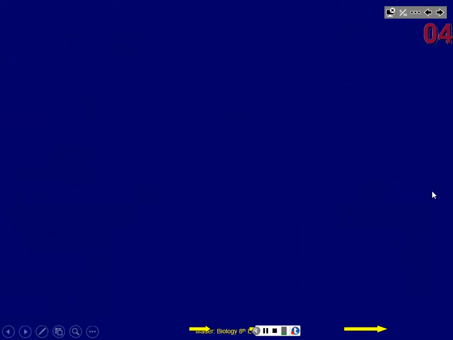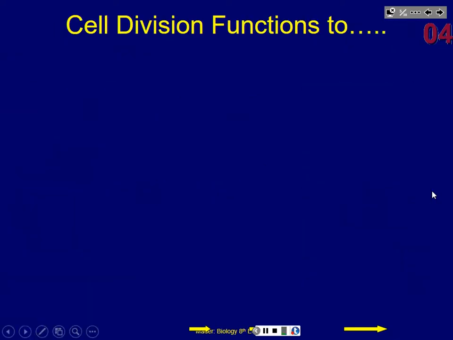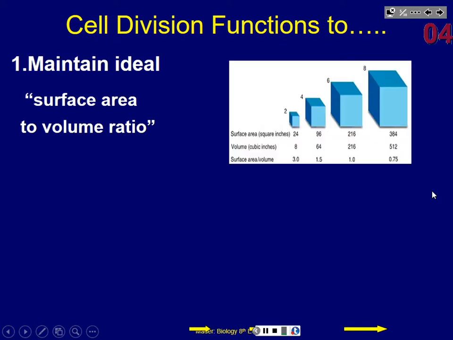So what does this cell division function to do? Well, it keeps that surface area to volume ratio in check. It maintains that surface area to volume. You may remember going over this in chapter 4 when we said cells start out small, and they grow, and they grow, and they grow, and then they get big.